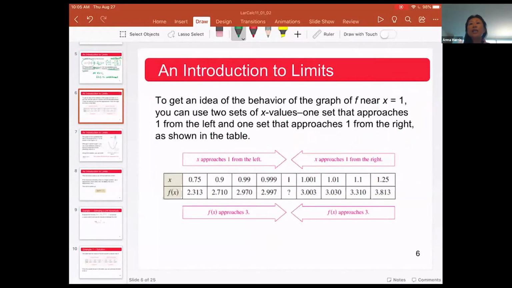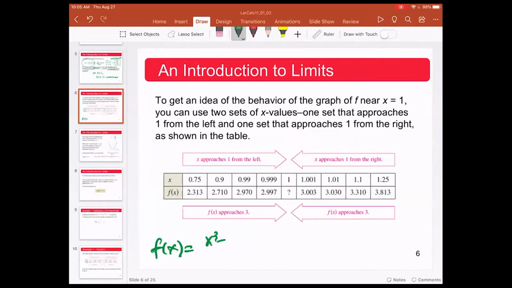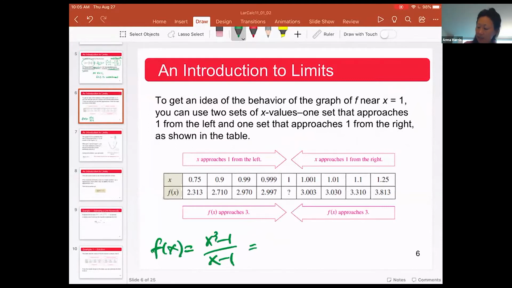So let's look at that. We're going to just plug in a number. Remember, your function was this. We're going to plug in different numbers, for example 0.75 into this. It gives you 2.313.